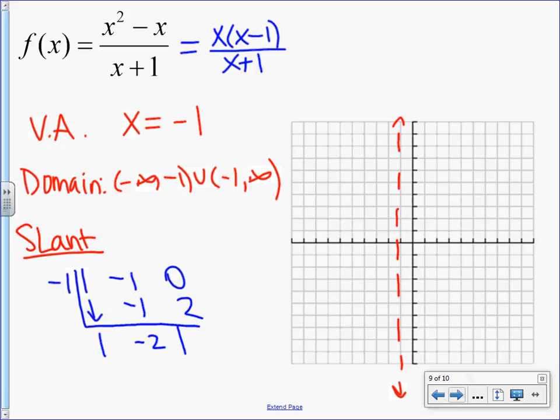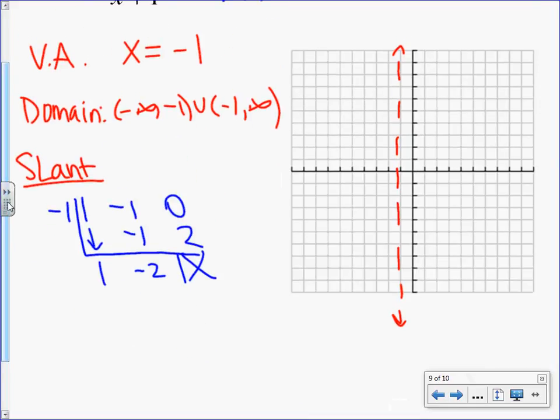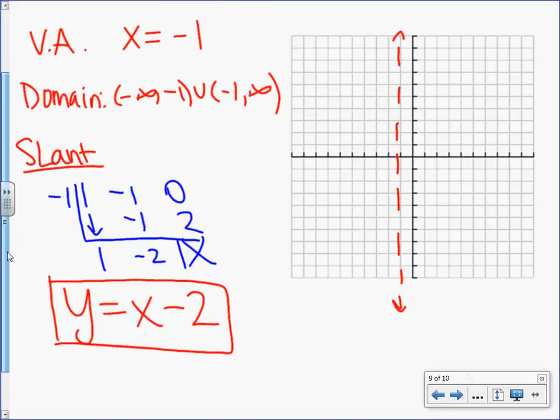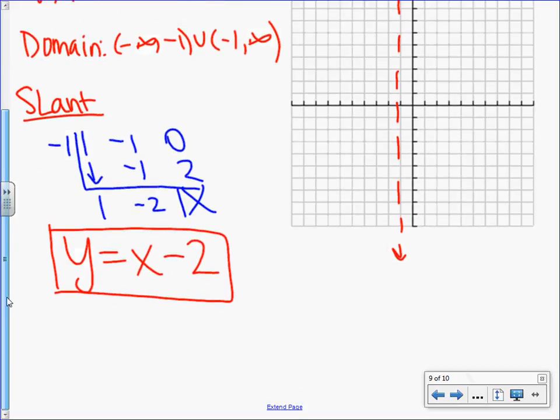Multiply to 2. The remainder, don't even find it because it doesn't matter. What this is saying is that our slant asymptote is y equals x minus 2. Whatever your quotient is, forgetting about the remainder, that is your slant asymptote.